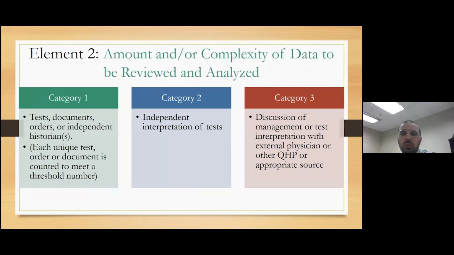The element 2 that we would like to talk to you about is the amount and the complexity of data that you are reviewing and analyzing. You'll have tests and documents or an independent historian.